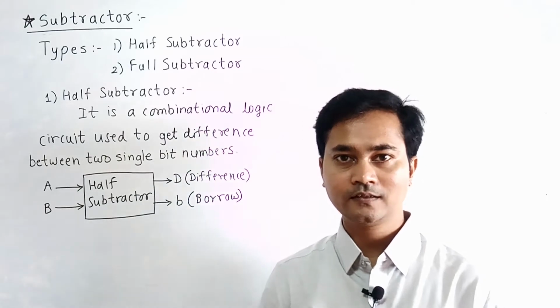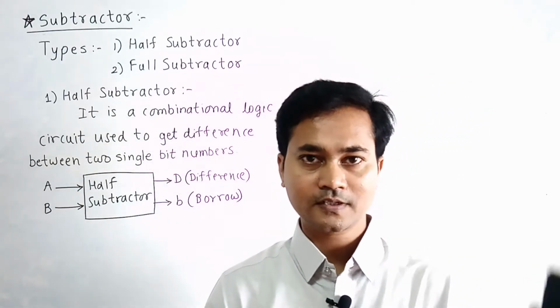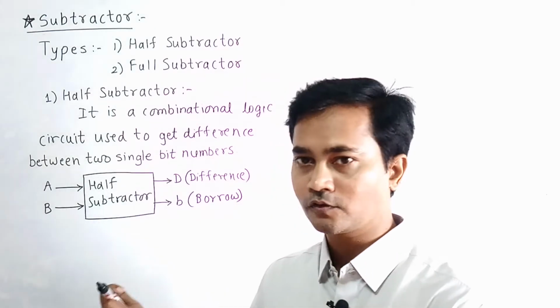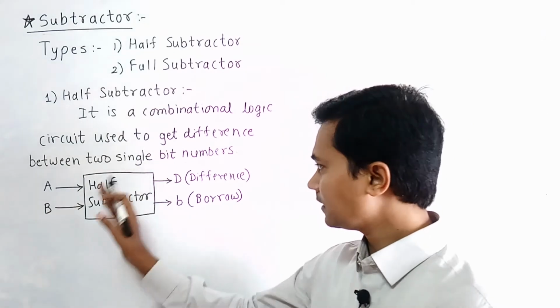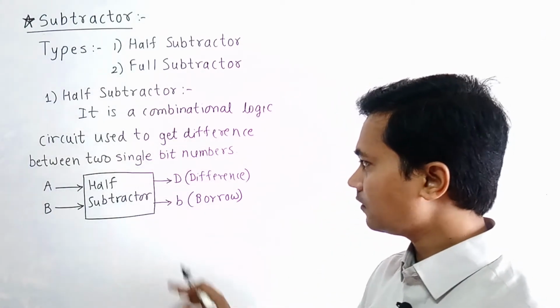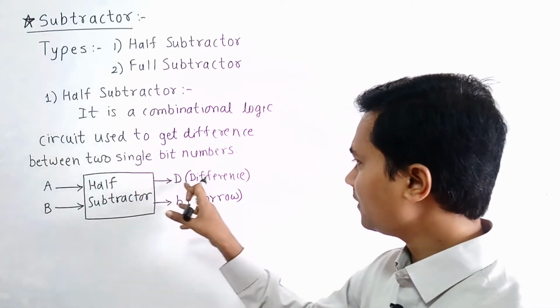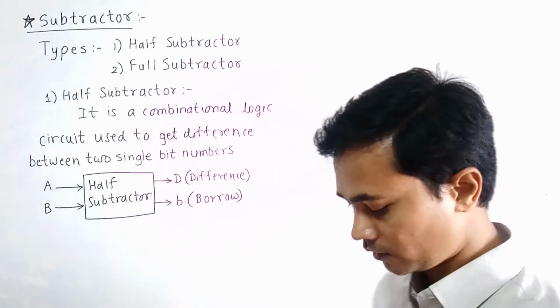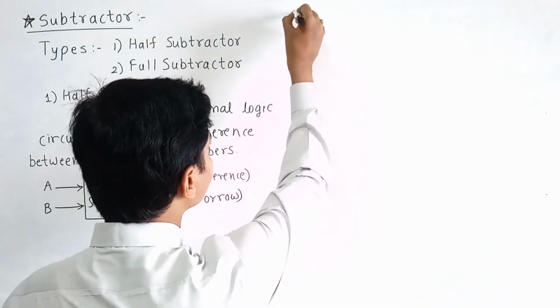As we have seen in the half adder, we followed some steps, and in this video also we are going to follow the same steps. Okay, so after this block diagram we have to draw the truth table of this half subtractor. So this is having two inputs and two outputs. So let us draw the half subtractor truth table.